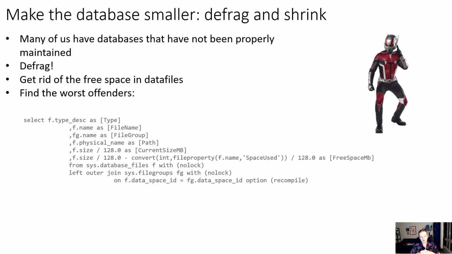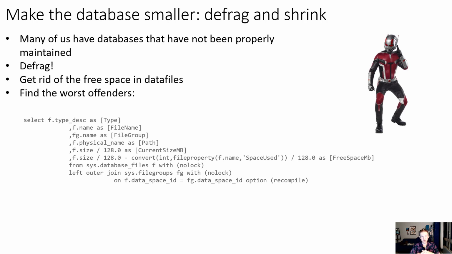We have to introduce index defragmentation at least monthly, right? If not more, depending on the amount of change that we're seeing in the database. So this is a query to help us figure out which tables really need to be defragmented. And I know a lot of us are using Ola scripts for index optimize. We should be implementing that. We should be implementing table partitioning.